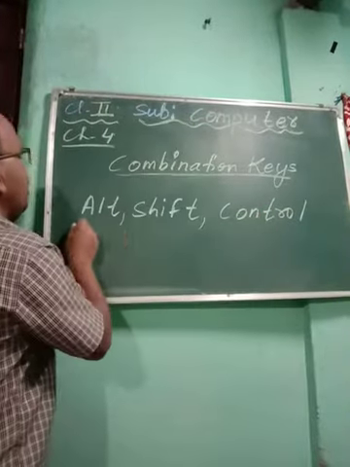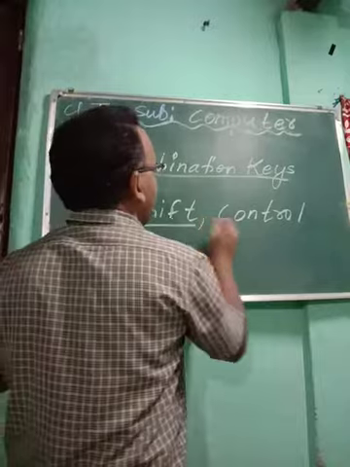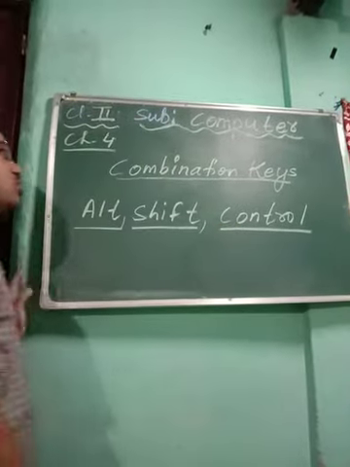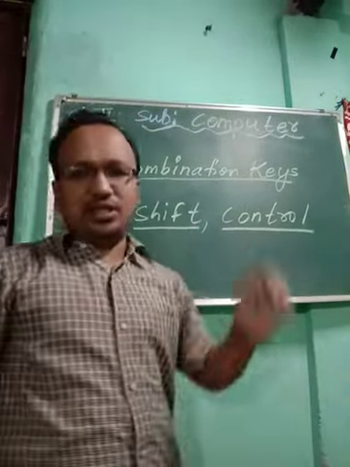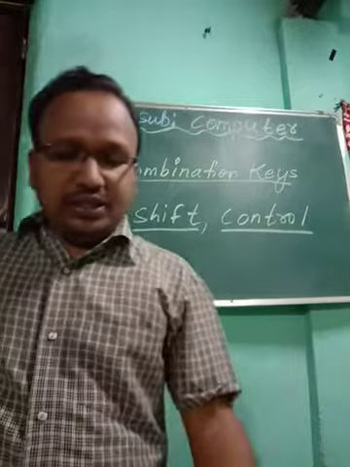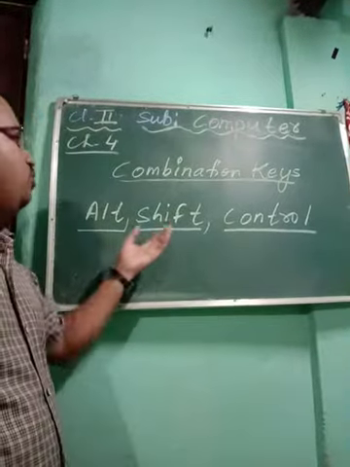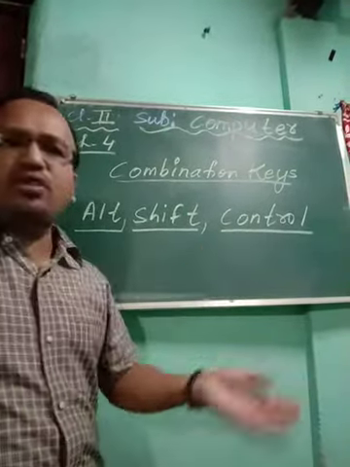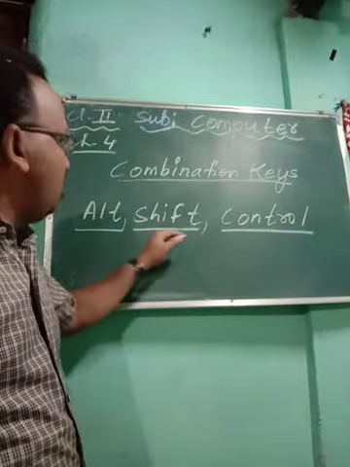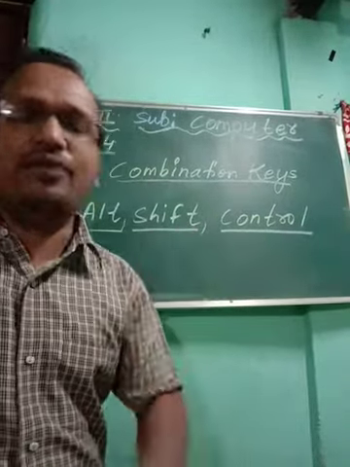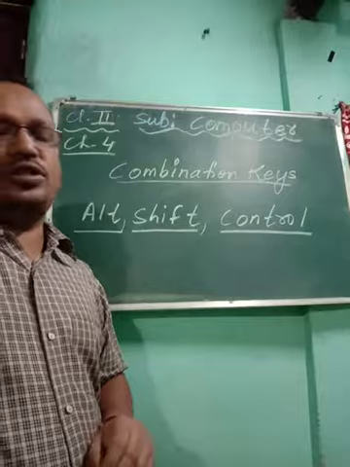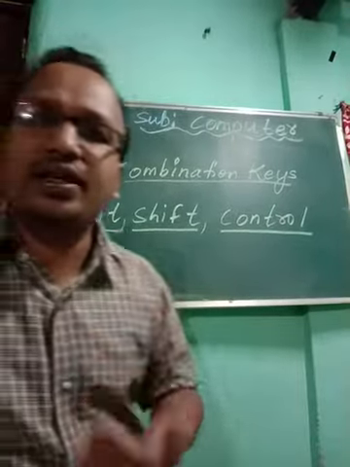These all are called combination keys. That means these keys will do the work in combination with another key. If we press these individually, they will not function. They will not give any result.